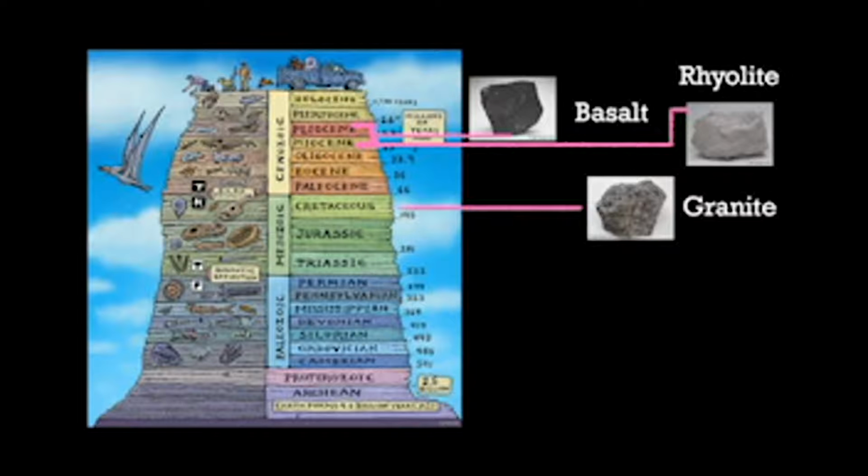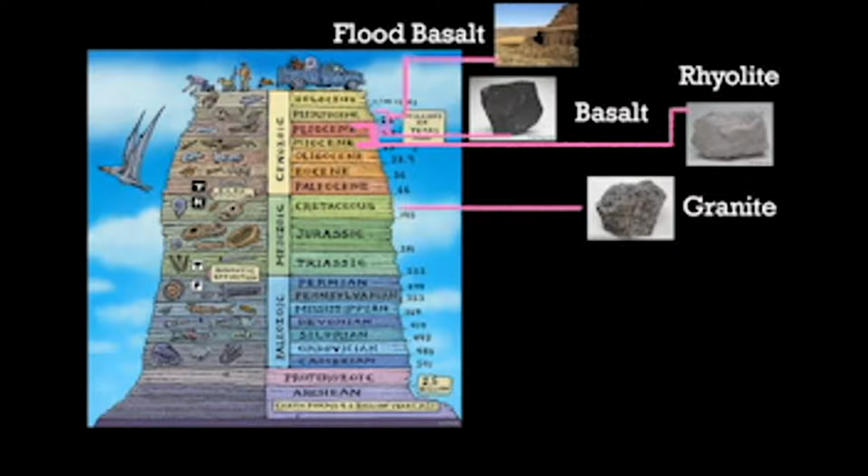We then have rhyolite, which is part of the Miocene era, which again is 2.3 to 5.3 million years ago, and part of the Cenozoic era. We then have sedimentary rocks associated with flood basalts, which is part of the Pleistocene and Pliocene era, which is 2.6 million years ago and before then, which is part of the Cenozoic era.